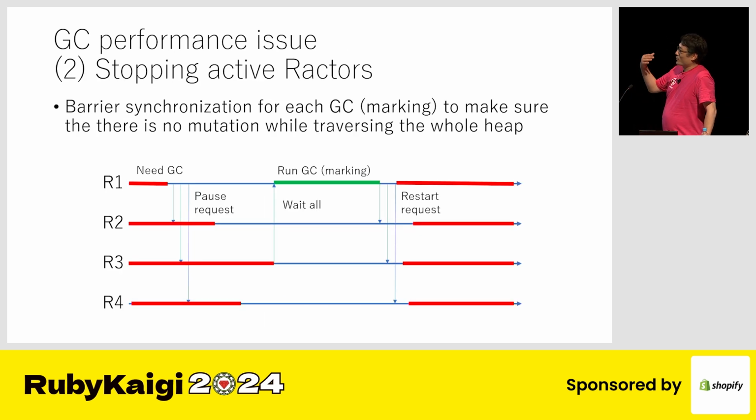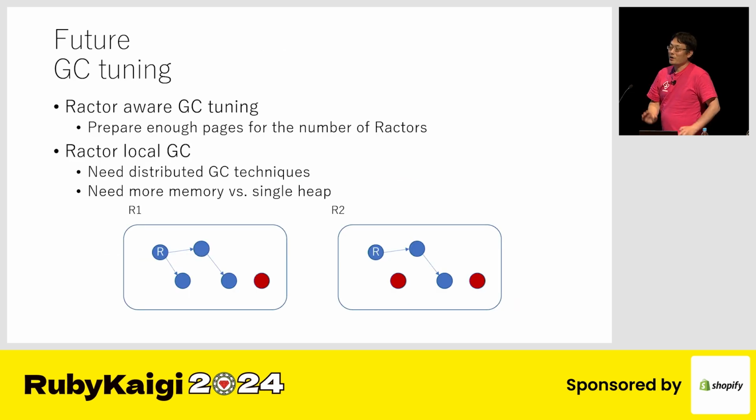Also, we need to stop all Ractors to run the garbage collection and traverse, so there is no mutation. There is no conclusion for the garbage collection, but after this kind of observation, we need Ractor-aware GC tuning, and Ractor-local GC to run the garbage collector independently.